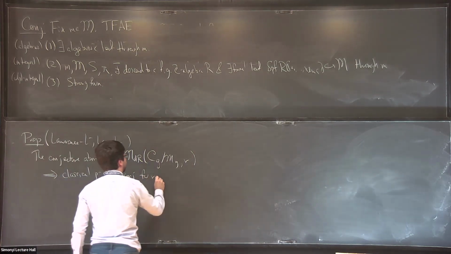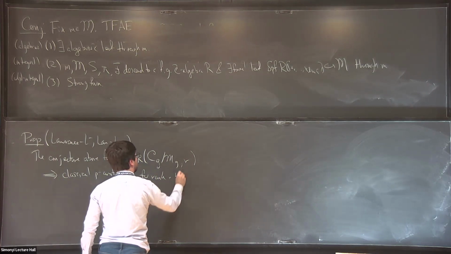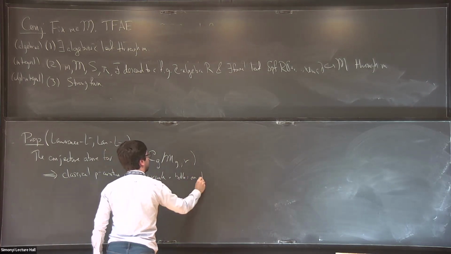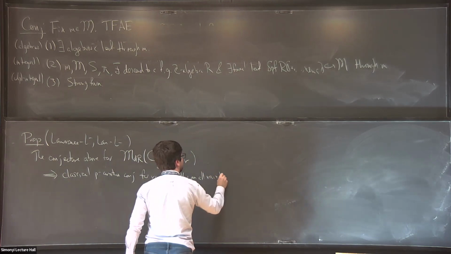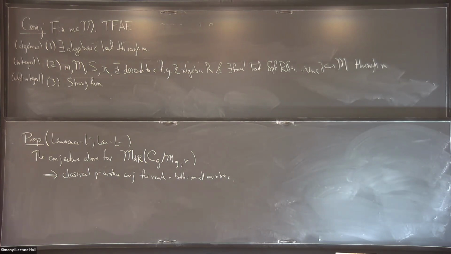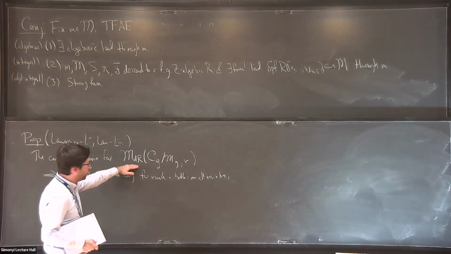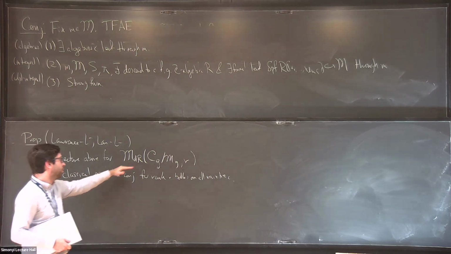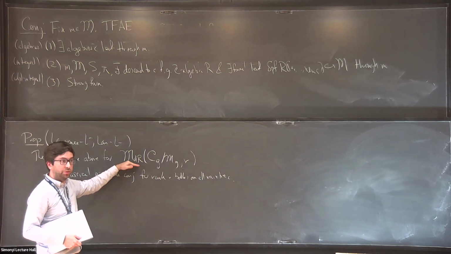For rank r bundles on all curves. Of course, there are many special cases that you can reduce the p-curvature conjecture to. Let me briefly make a pitch for this one, which is that this is some kind of non-abelian cohomology. It's a lot of extra structure.